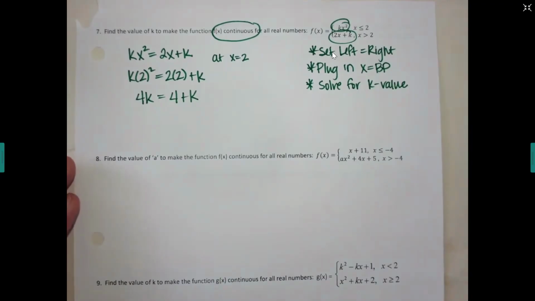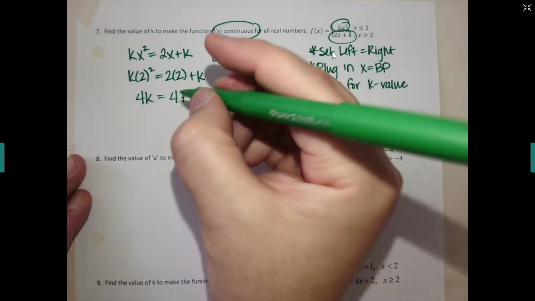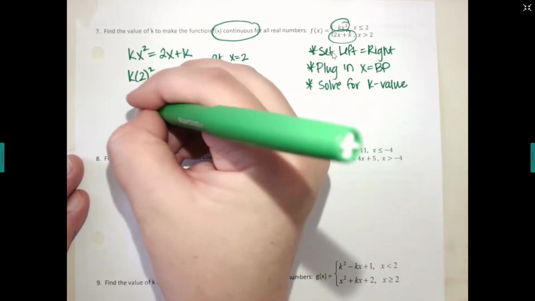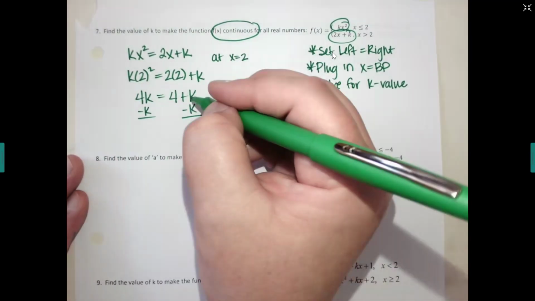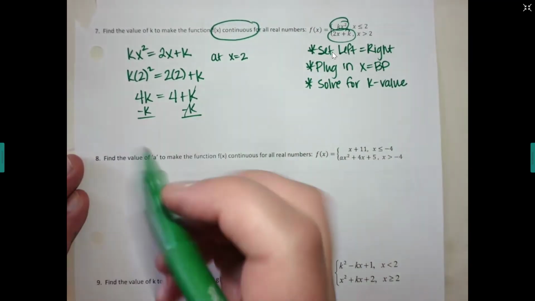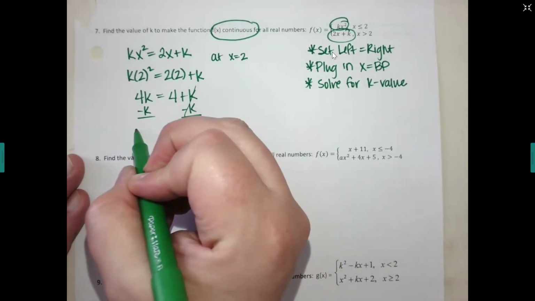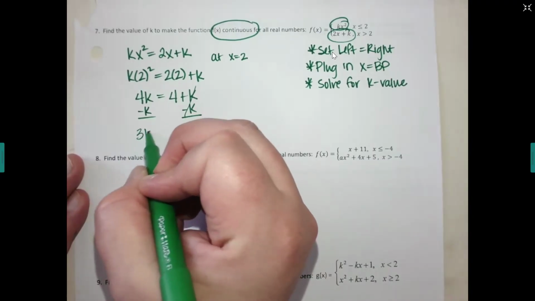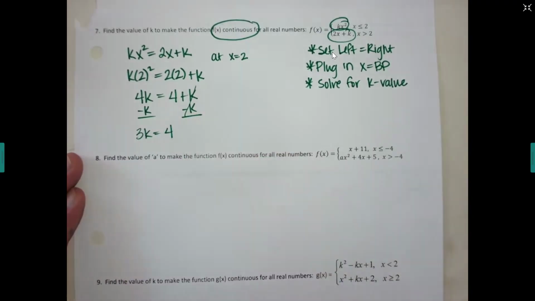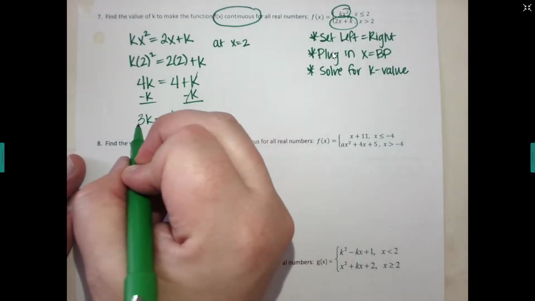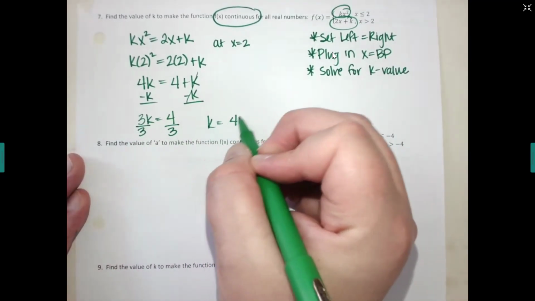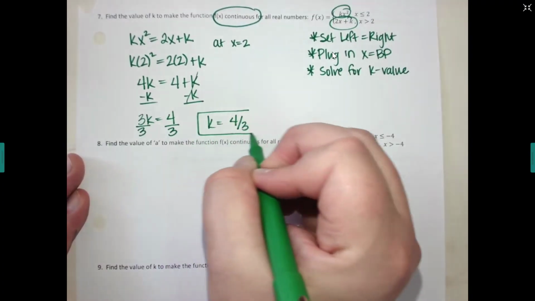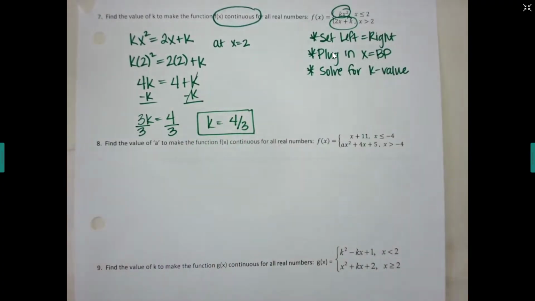We want to get our k's on the same side. Yeah, I'm going to minus the k across. So my k's are gone. What is 4k take away a k? 3. 3 k's equal to 4. And then divide by 3. So your k is 4/3. Okay, these will not always on your homework come out to be whole numbers, so just be prepared for that.